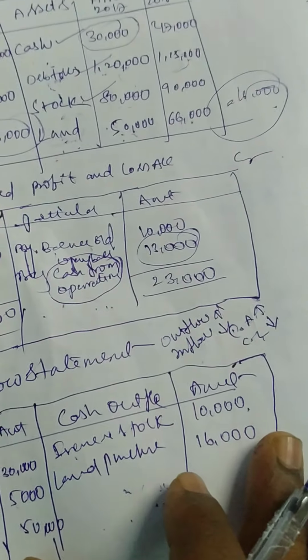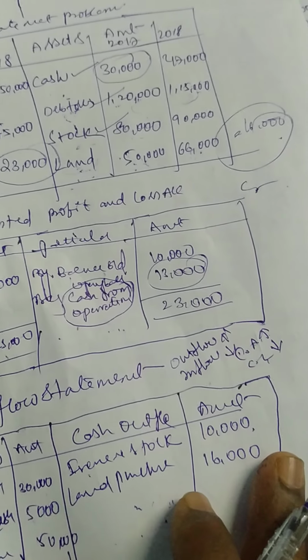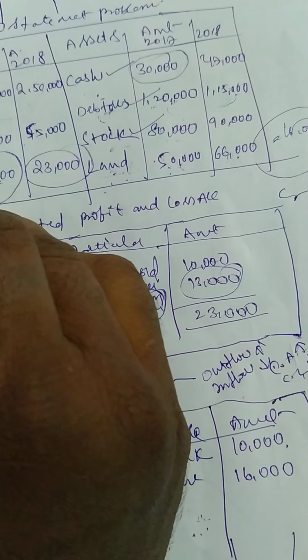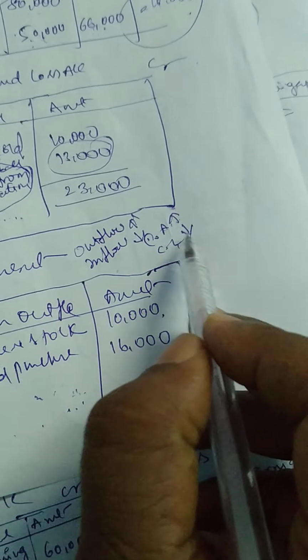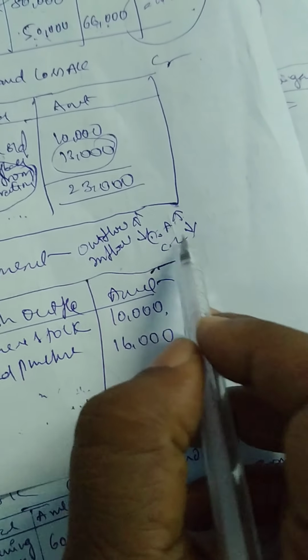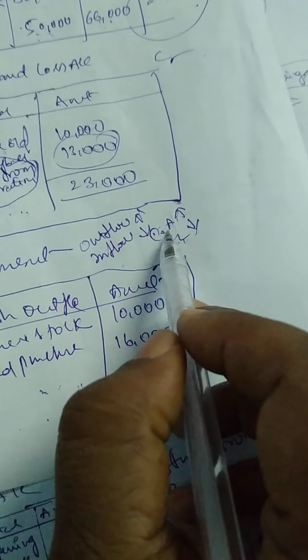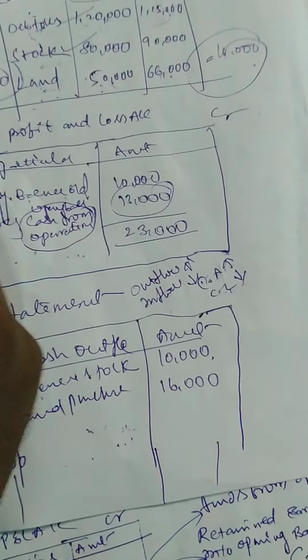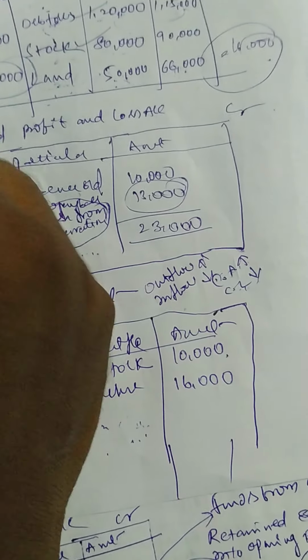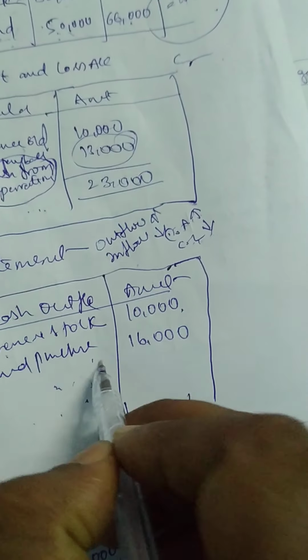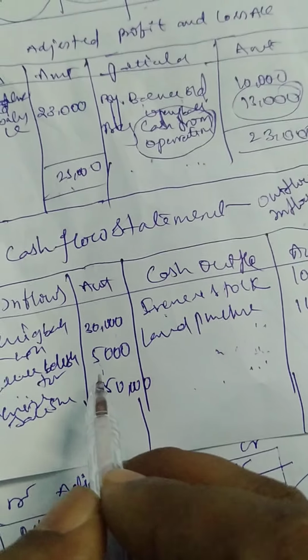Decreasing the amount. Creditors is a liability. So current liabilities decrease, and current assets increase. See that, creditors 70,000 and 55,000. This is the liability, right? Outflows means increase and inflows means decrease.